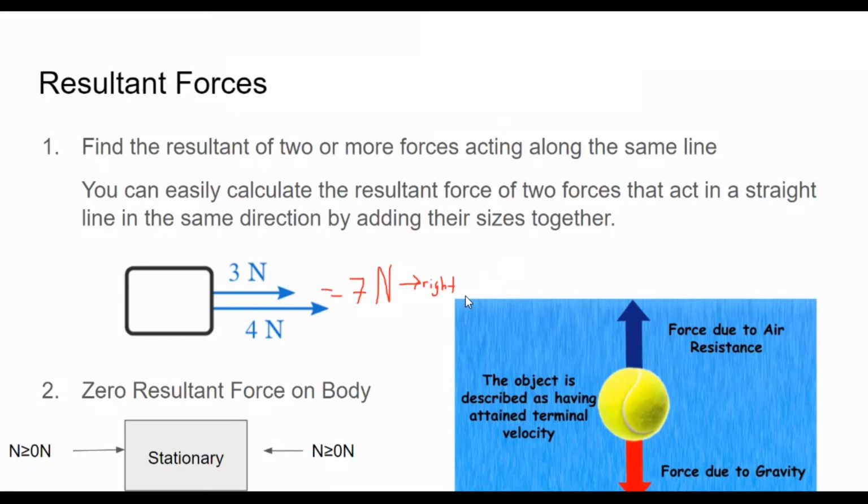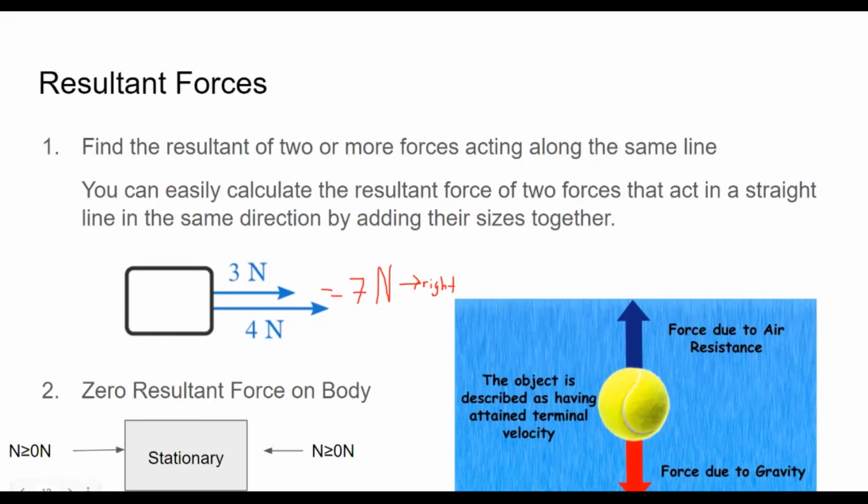And then other examples below is a zero resultant force on a body. You have to know that when resultant force equals 0, it means an object is either stationary or moving at a constant speed in a straight line.